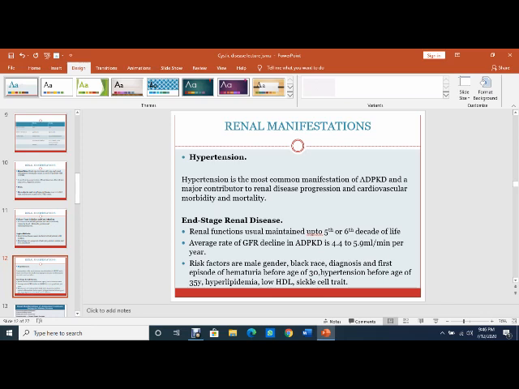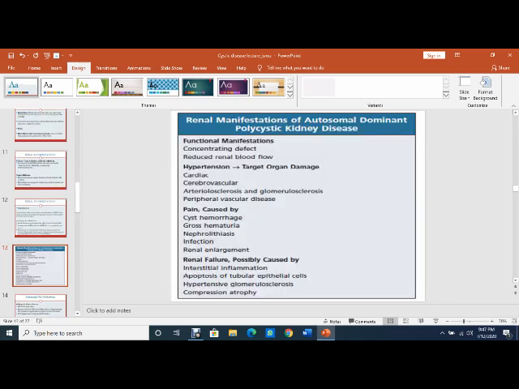The risk factors are male sex, black race, diagnosis and first episode of hematuria before the age of 30, hypertension before the age of 35 years, hyperlipidemia, low high density lipoprotein, and sickle cell trait.